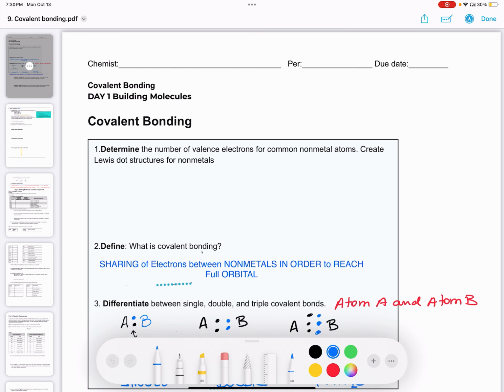Let's see, common nonmetals. So you have oxygen, you have nitrogen, you have hydrogen. Let me think of fluorine.